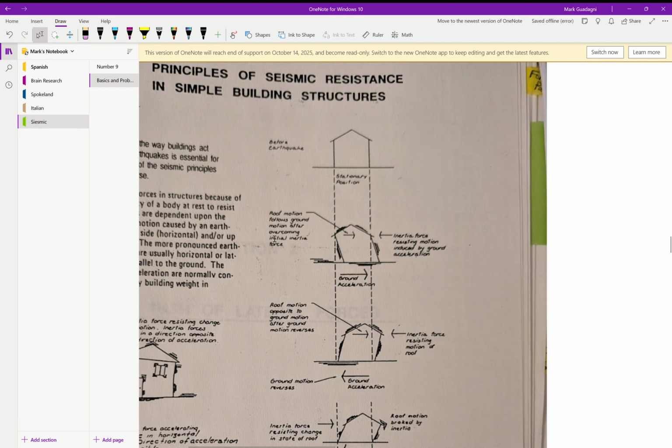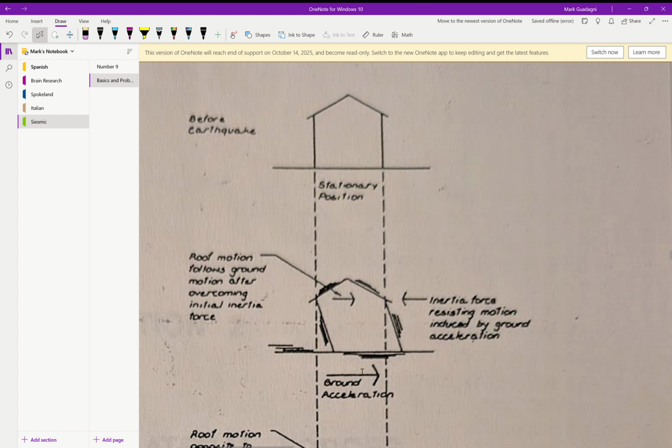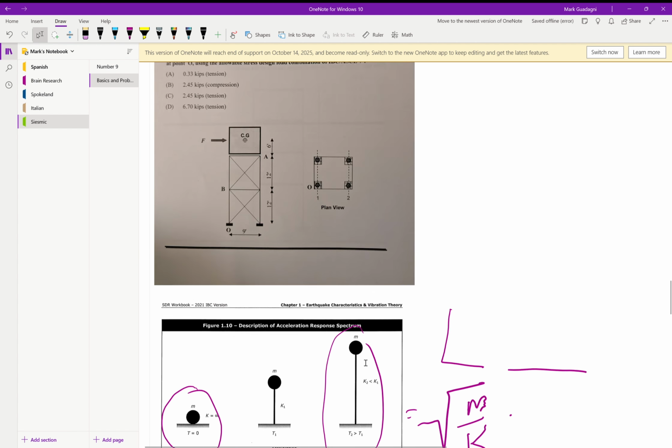So this is your building during an earthquake. You're going to have a certain ground acceleration, and then depending on how stiff your building is, that's going to give you your fundamental period, but it also gives you some hints on how much inertia force will be resisted in the building, so that you'll be able to find these forces here based upon that.